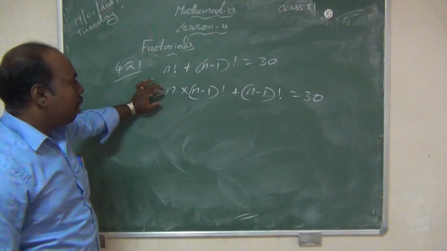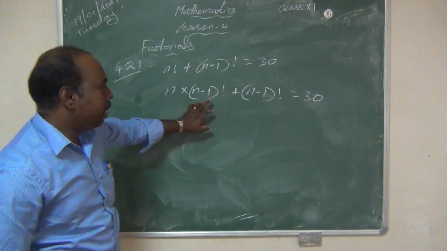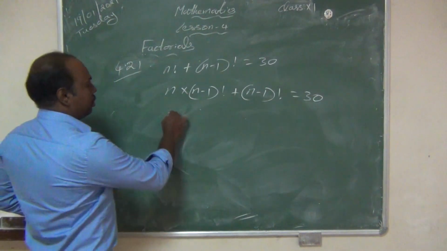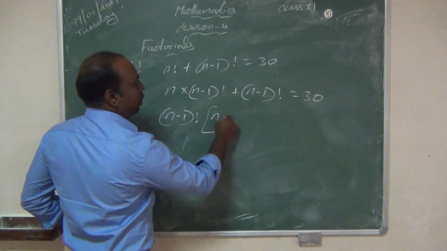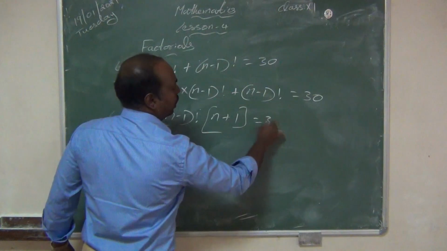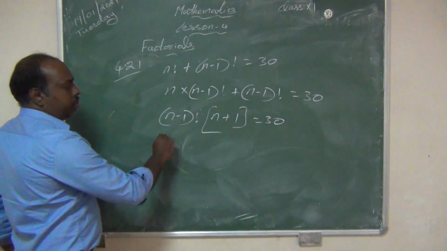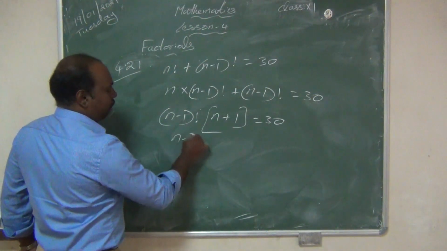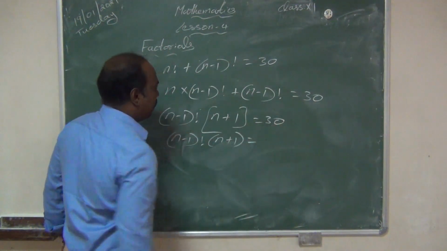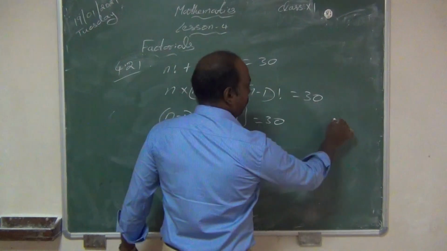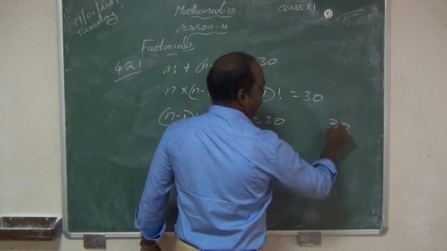Now what is common in these two terms? n minus 1 factorial is common, then the remaining is n plus 1 equals 30. So n minus 1 factorial into n plus 1 equals 30. How will you write 30?